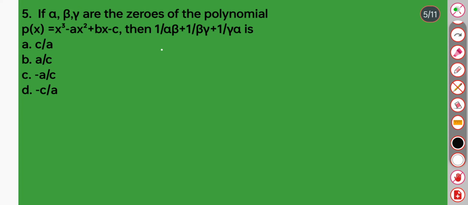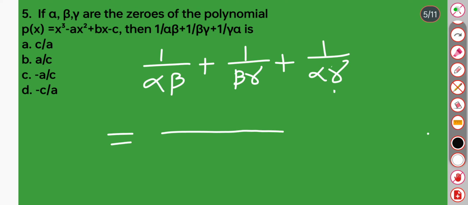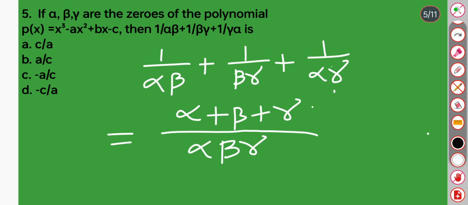So we need to find 1 by alpha beta plus 1 by beta gamma plus 1 by alpha gamma. Now if you take LCM, you will get alpha beta gamma in the denominator, and in the numerator you will get alpha plus beta plus gamma. That means we need to find sum of zeros and product of zeros.